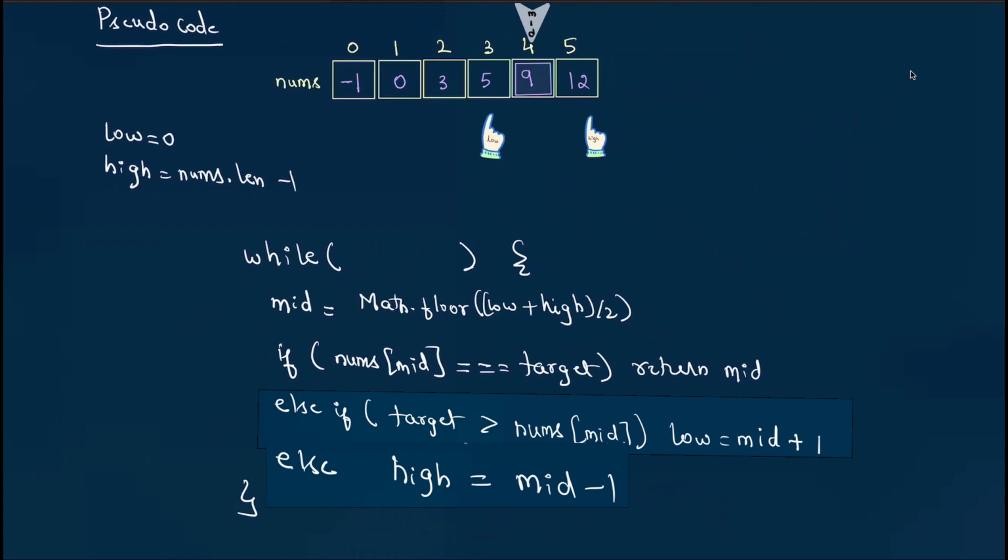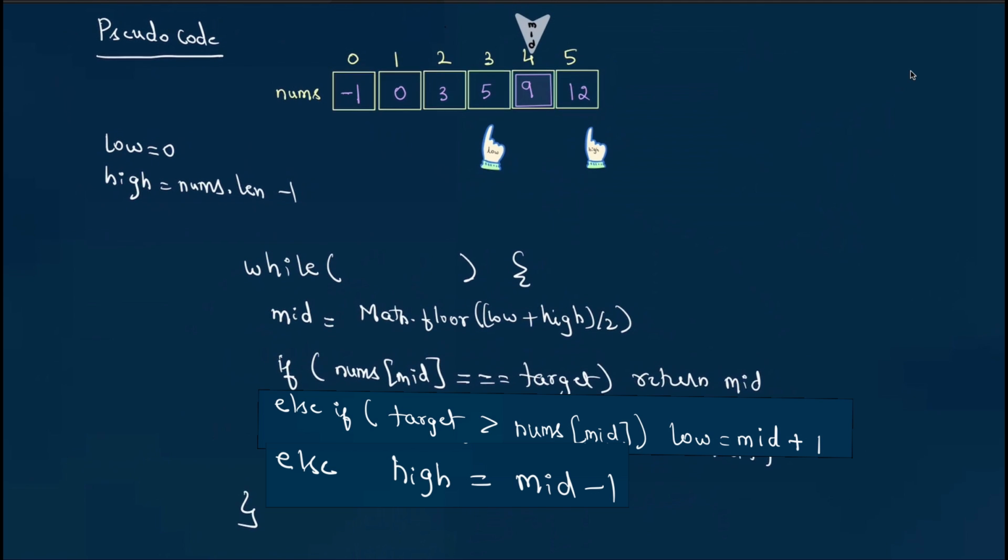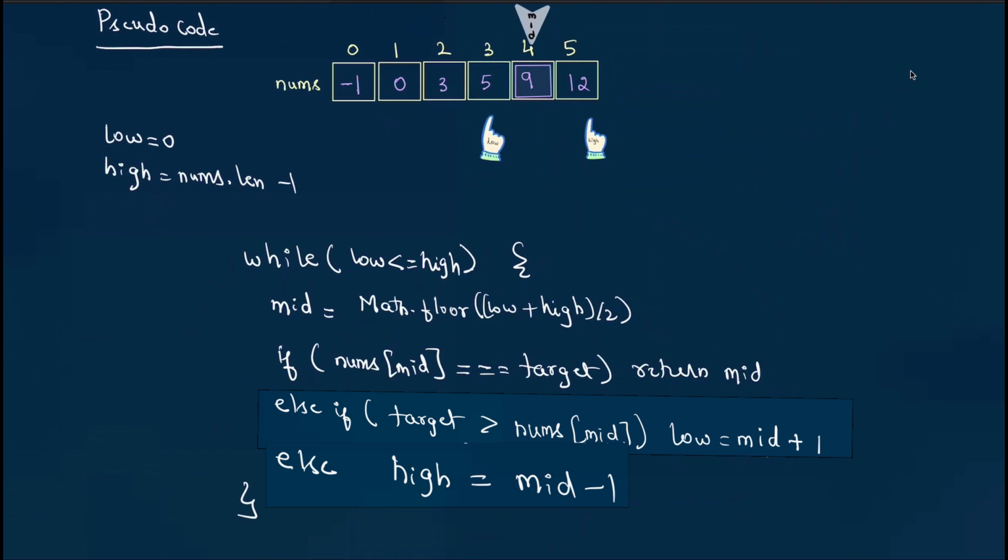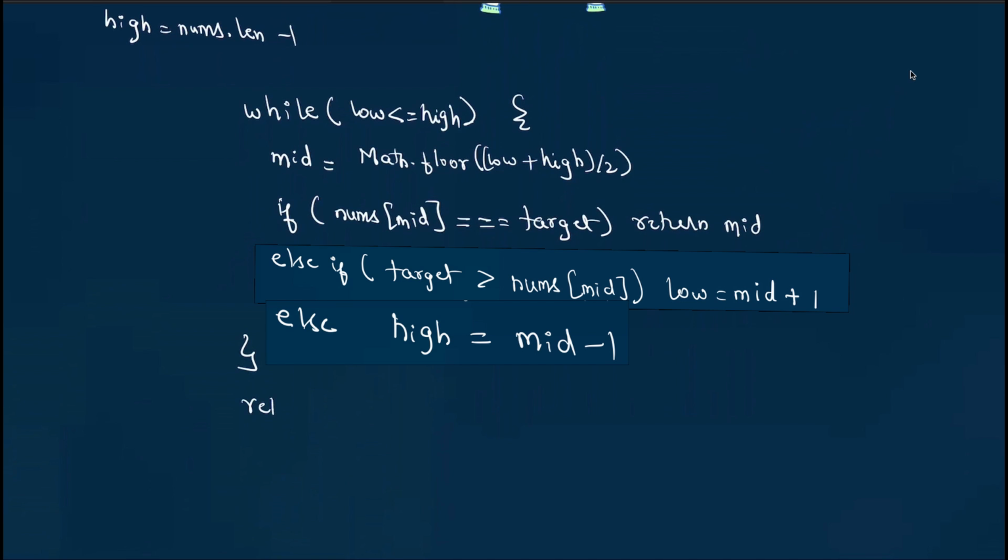And if they both cross each other, it means we did not find the element. So our condition will be while low is less than or equal to high. Until then, this must happen. If we don't find an element, we return -1. So this is our code.